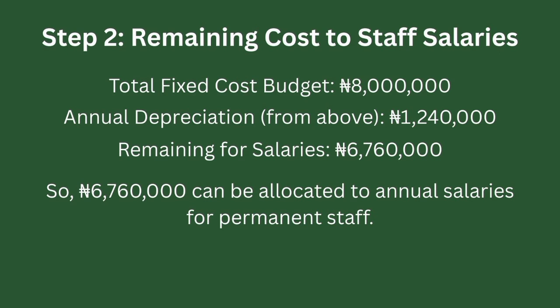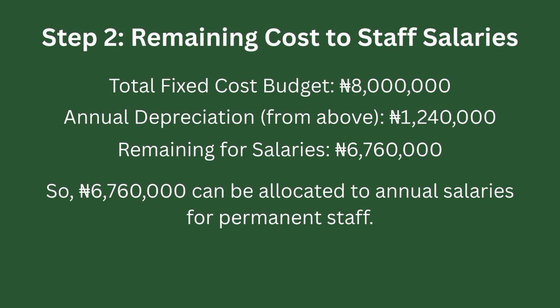Recall that the total fixed cost was estimated to be 8 million naira. The amount that will make the fixed cost become 8 million naira is 6,760,000 naira. When you add this to the annual depreciation of 1,240,000 for non-current assets, what we arrive at is 8 million naira.